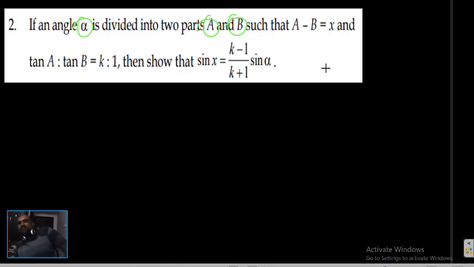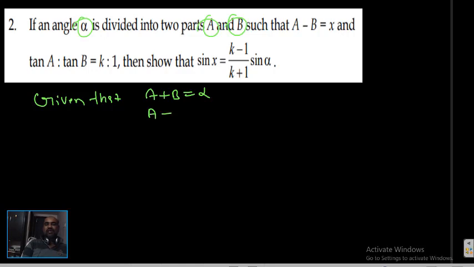I will write the given data: A plus B equal to alpha, A minus B equal to x. Also given is tan A by tan B equal to k by 1.